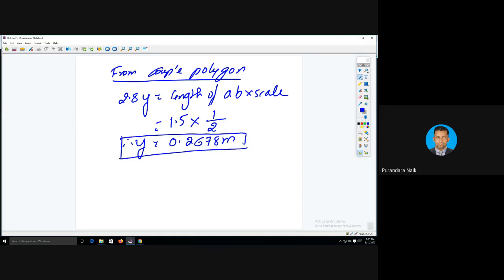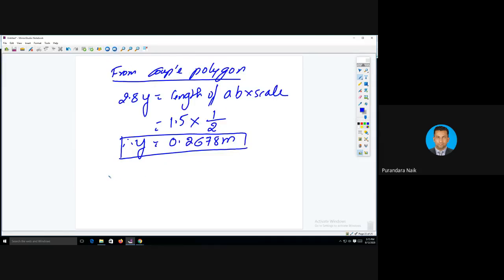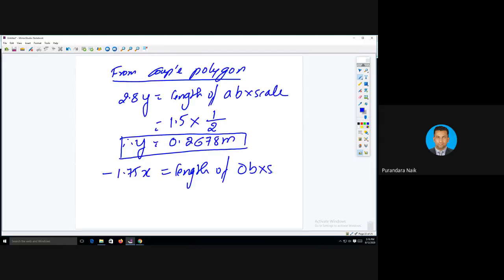Next, we need to find out x also. Minus 1.75x is equal to the length of OB into scale. The length of OB we are getting is approximately 4 centimeter, into scale is 1 by 2.